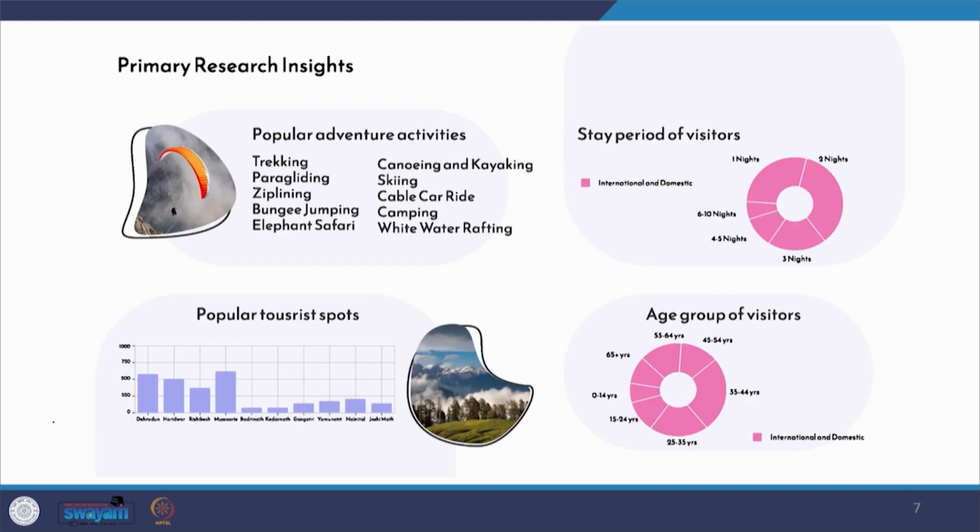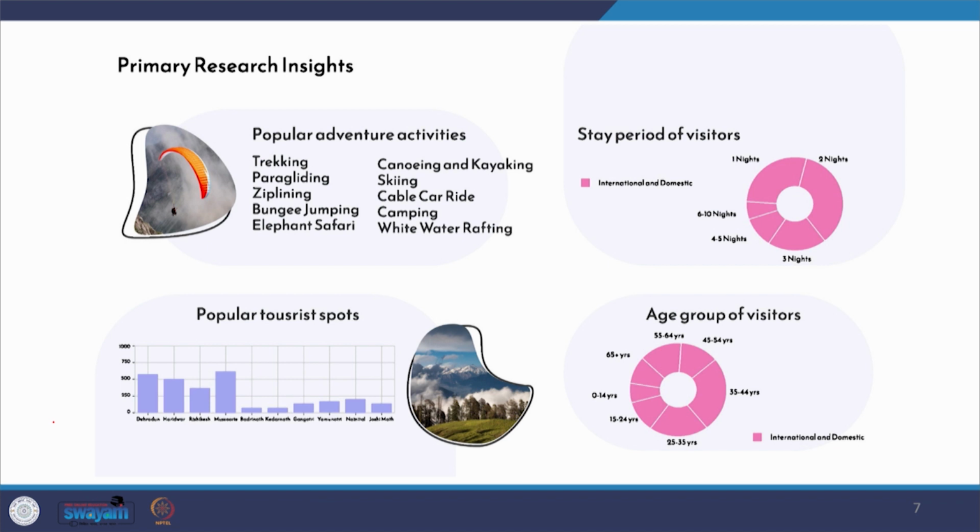In the primary research, she put together the popular adventure activities, because this is for tourism. There are various activities which come under tourism. There could be people who are just visiting as pilgrims, or people who want to come to Uttarakhand for sports activities, which it is known for because there are high mountains and certain activities that may not be available in the rest of the country, especially where we have flat land.